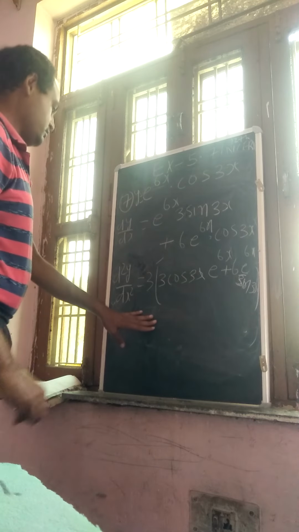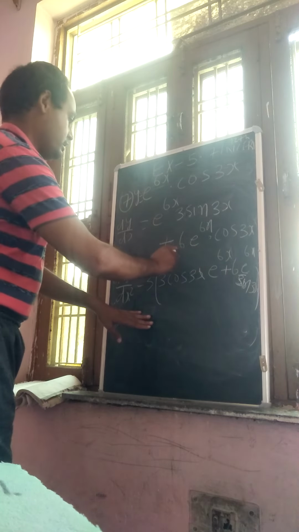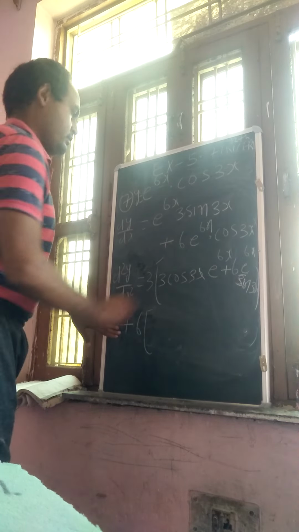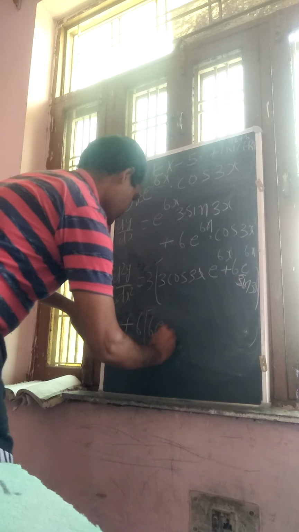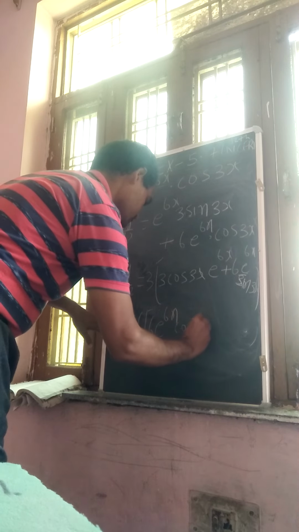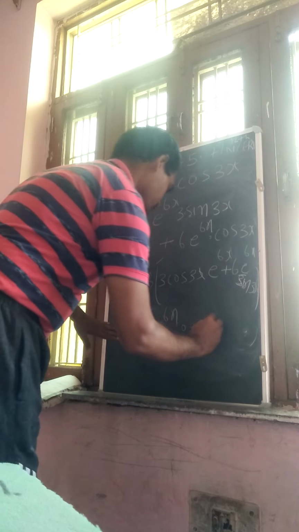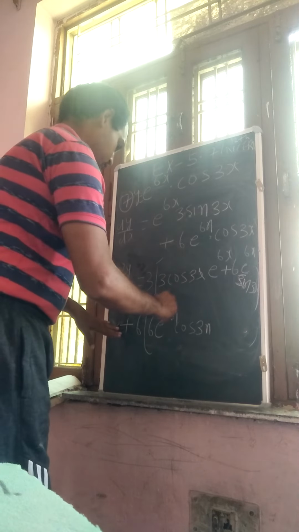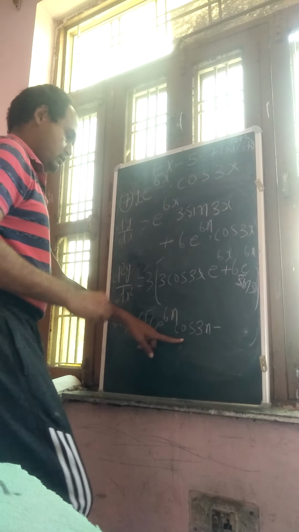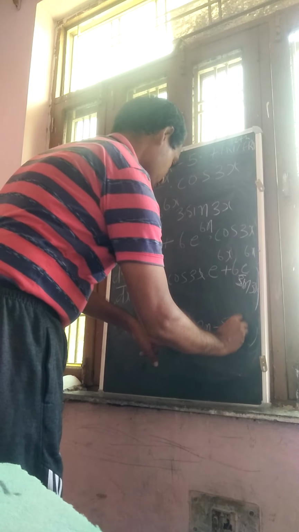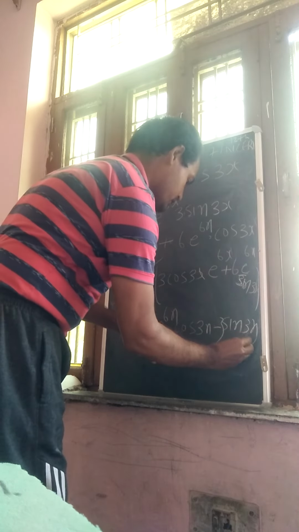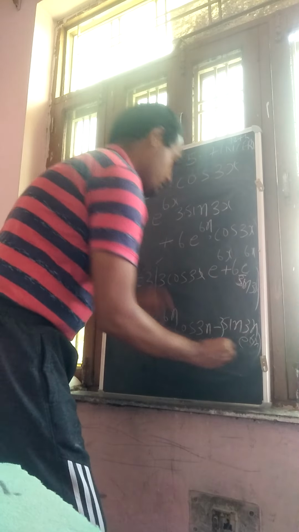This is the second derivative, and plus 6 e to the power 6x cos 3x, then minus sin 3x, 3 is here and e to the power 6x. So this is the last term.